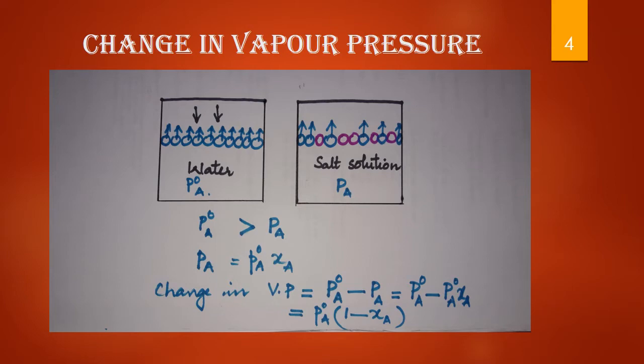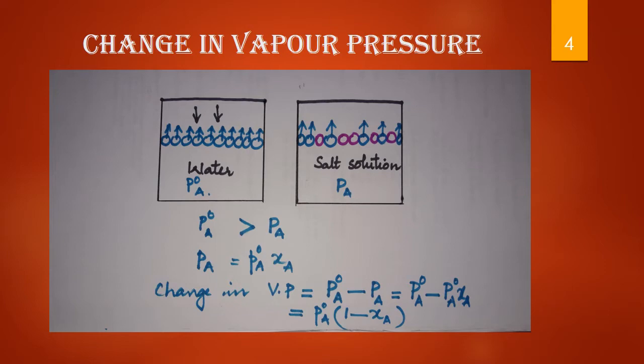For solutions, you find that Raoult's law is applicable. That is, PA is proportional to the amount of the solvent. So, PA is proportional to XA. That is, PA is equal to P0A into XA. What is the change in vapor pressure? That can be calculated from P0A minus PA. On substituting, we get the value as P0A into 1 minus XA.